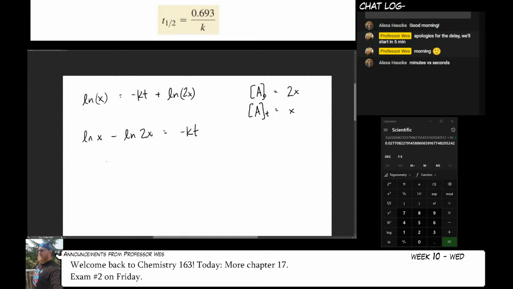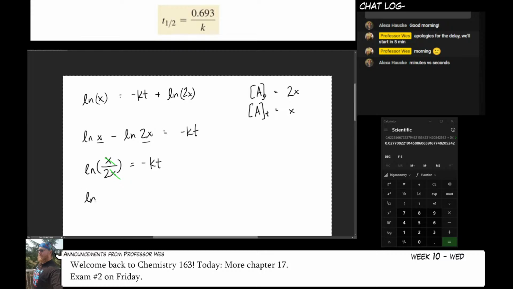And what I can then do is, well, if I have logs like this, when you subtract a log minus another log, that's the same as just dividing the two things, isn't it? Well, I mean, if you don't know your log rules, then this might be a surprise to you. And then what we can do here is we can go, oh, look, these cancel out.